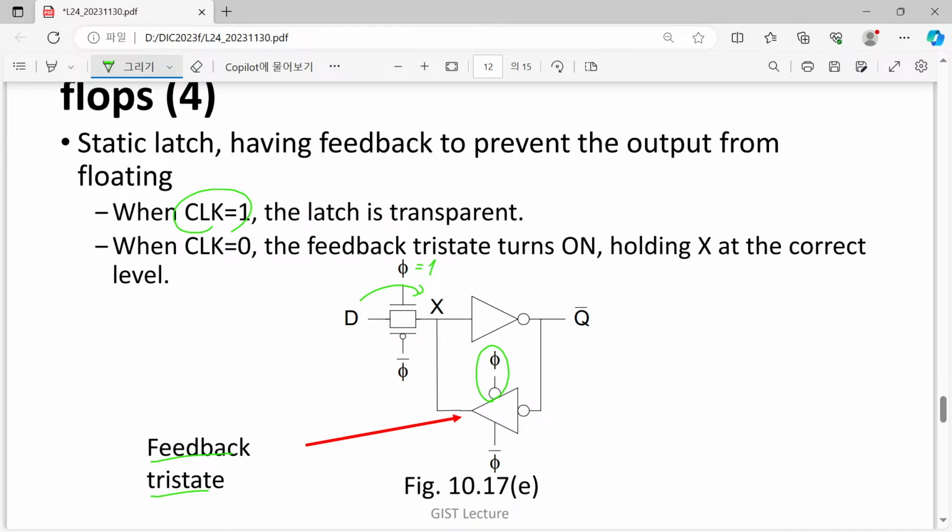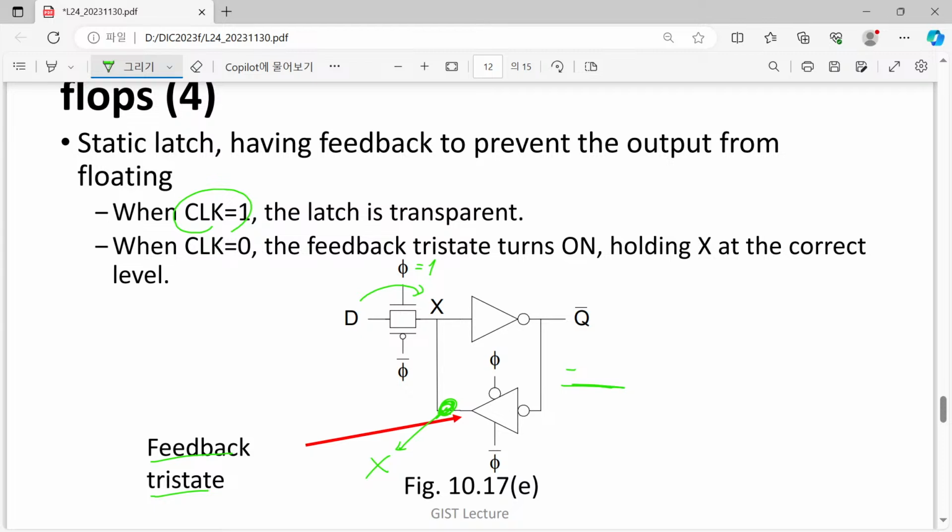So now this feedback tri-state has its enable signal equal to 0. When the enable signal is 0, what happens to this guy? The state of this tri-state output becomes just float.